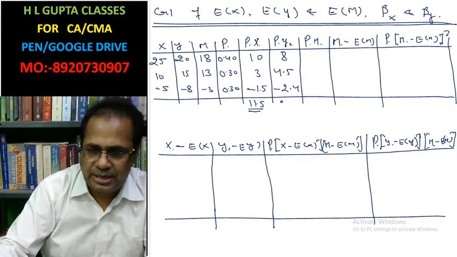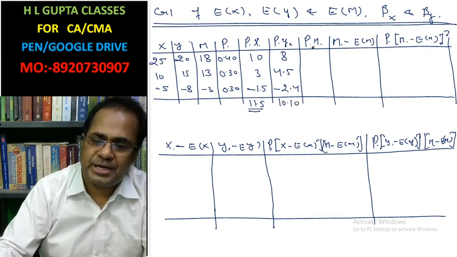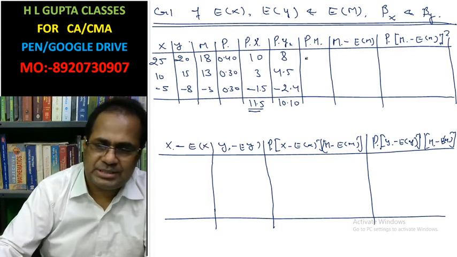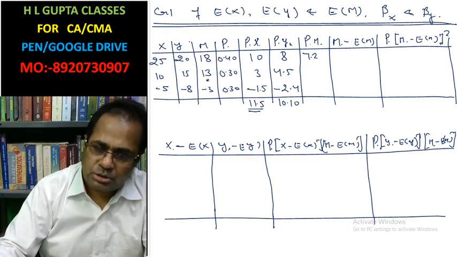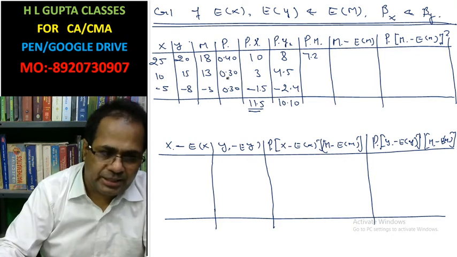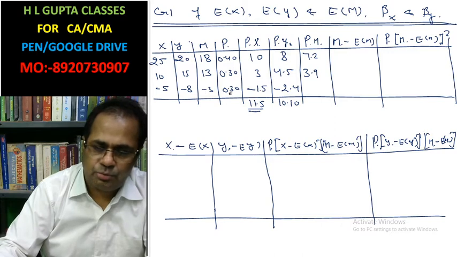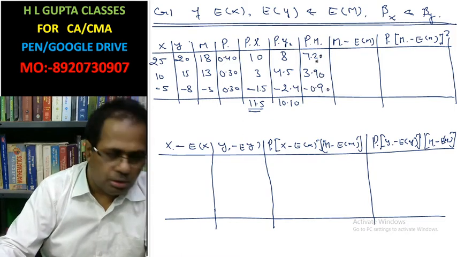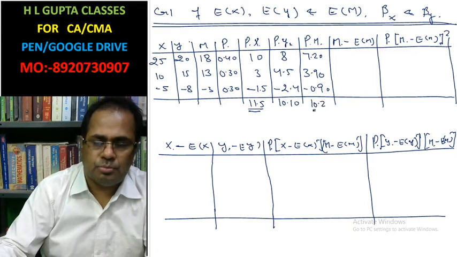The answer is 10.1. Similarly, expected return Pi Mi: 18 into 0.4, this is 7.2. 13 into 0.3, 3.9. Minus 3 into 0.3, minus 0.9. And after adding all these, you will get 10.2.